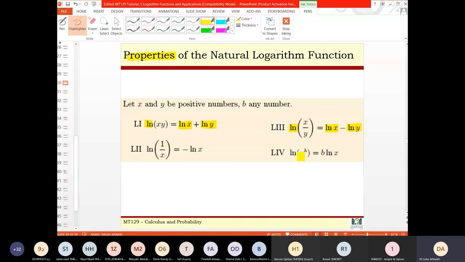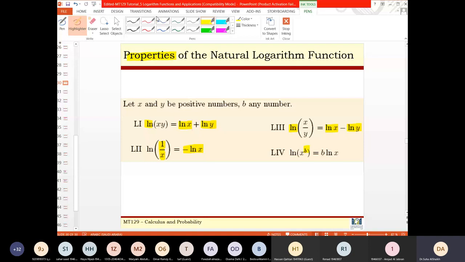So we say the ln of the division is the subtraction. And from this one, we can get the ln of 1 over x is equal to minus ln x, and the ln of x to a power b is b ln x. The power b goes down, and then it is ln x.